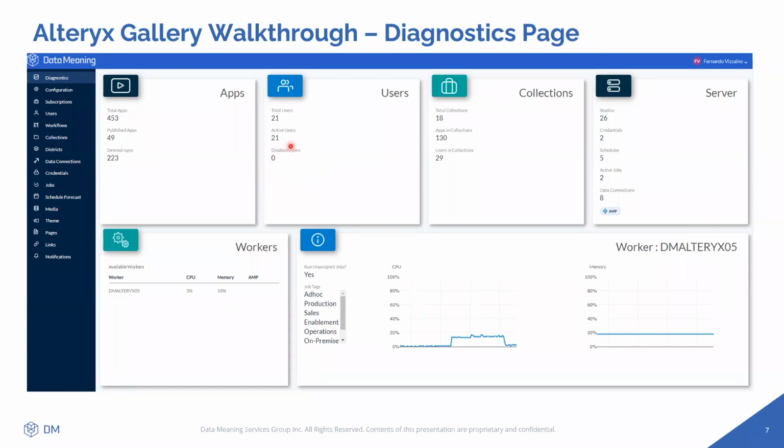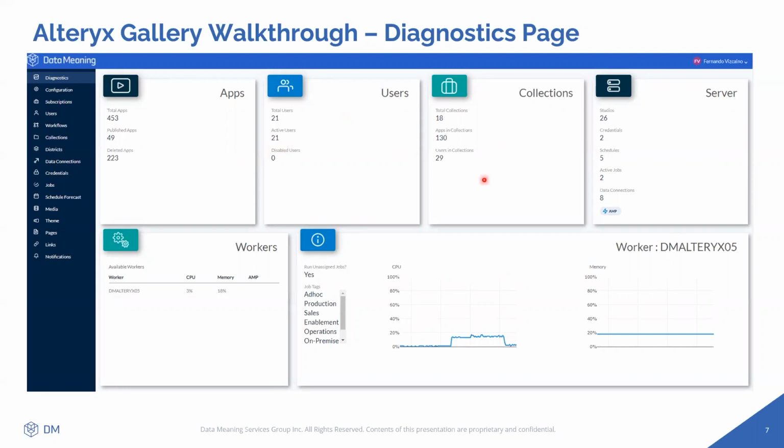So in Alteryx Server, you can't delete a user. The only thing that you can do there is to disable a user. So everything related to that user will stay there, all the workflows, all the configurations. But of course, you can share that with another user as well.